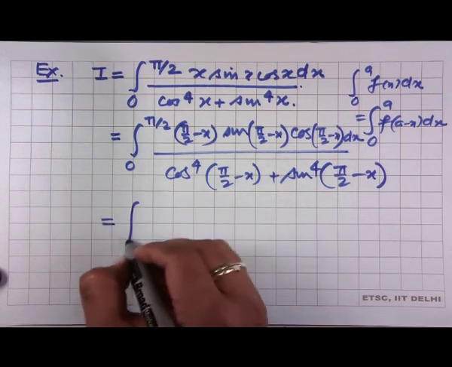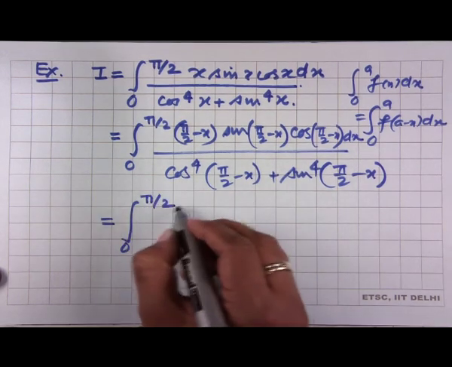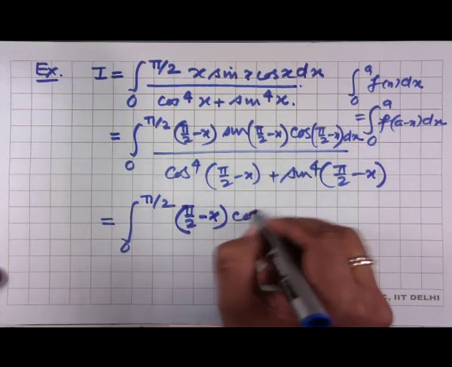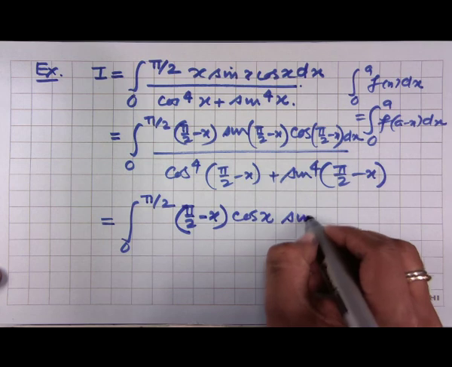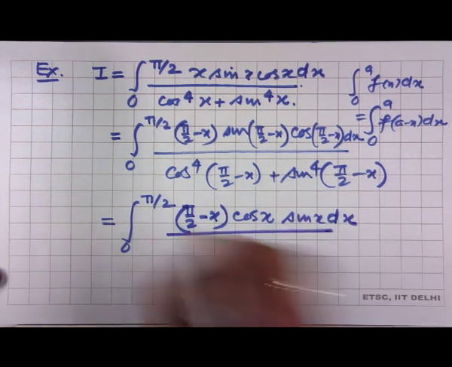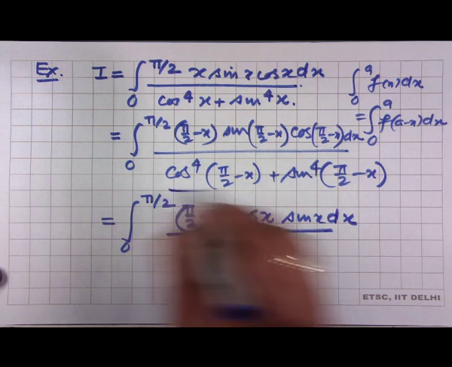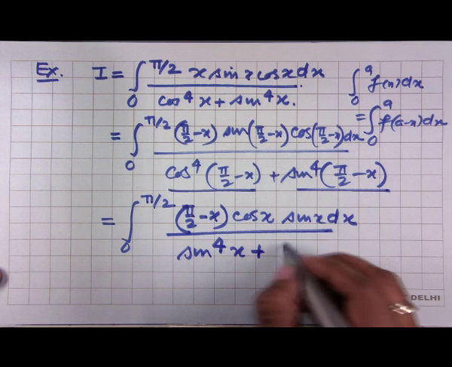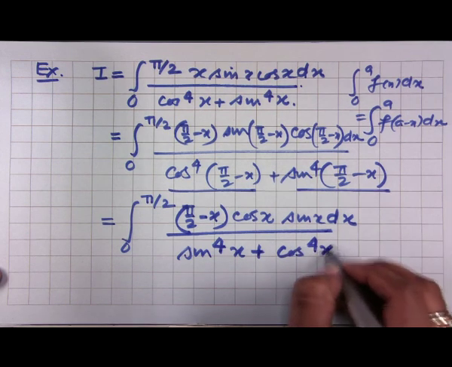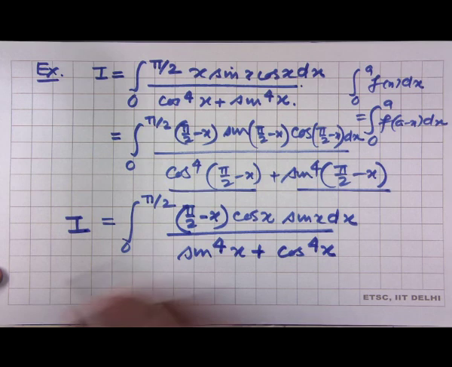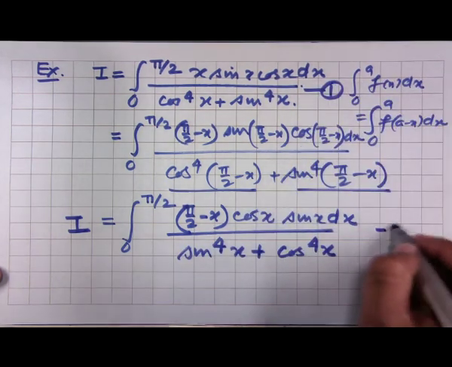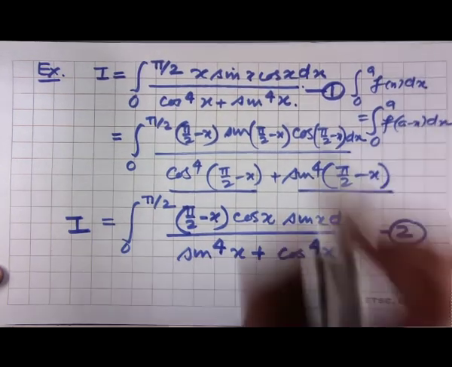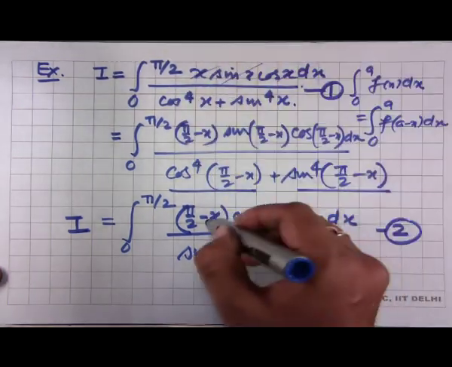This is equal to 0 to pi by 2, pi by 2 minus x, sin(pi by 2 minus x) is cos x, cos(pi by 2 minus x) is sin x, by cos(pi by 2 minus x) is sin x, so we get sin power 4 x, and sin(pi by 2 minus x) is cos x, so we get cos power 4 x. So this is your I. If this is 1 and this is 2, if you add 1 and 2, this term will get cancelled with this term.